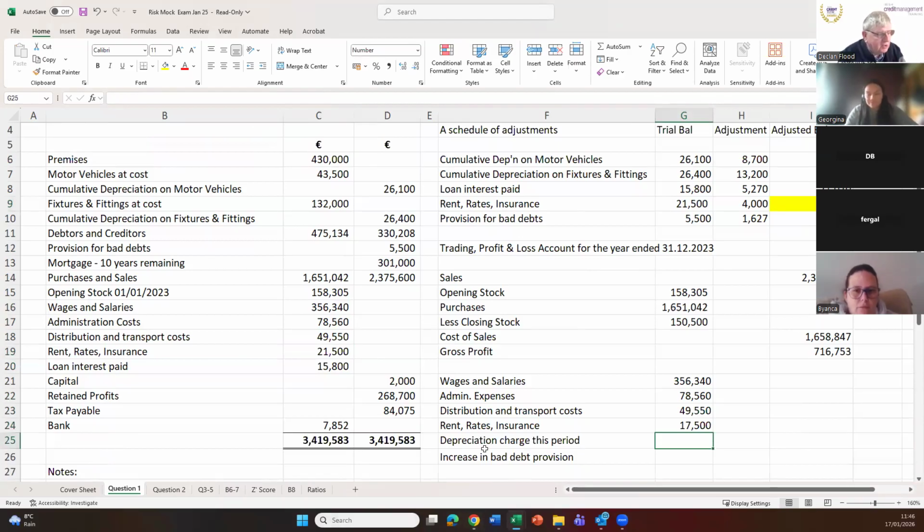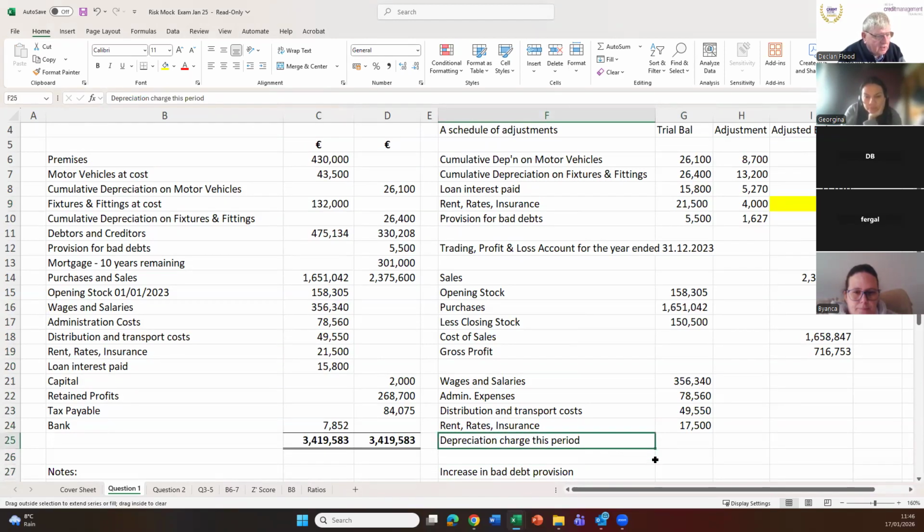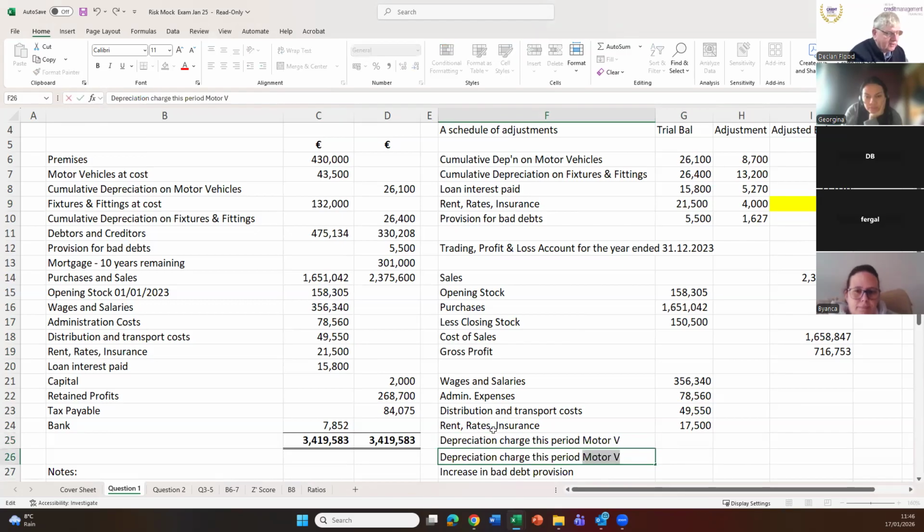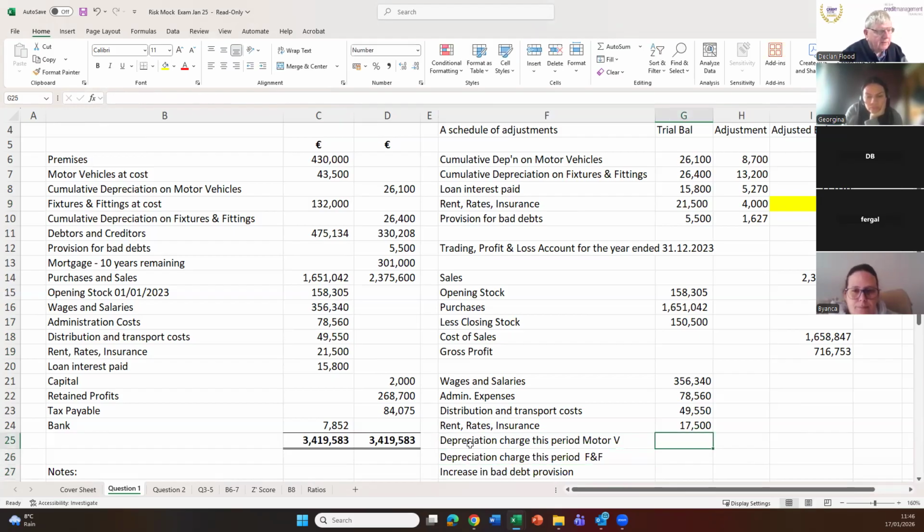The depreciation charge. Now, again, it's probably easier to split them, rather than doing calculations. So you have depreciation on motor vehicles and depreciation on fixtures and fittings. Again, it's the adjusted figure that we bring in here.